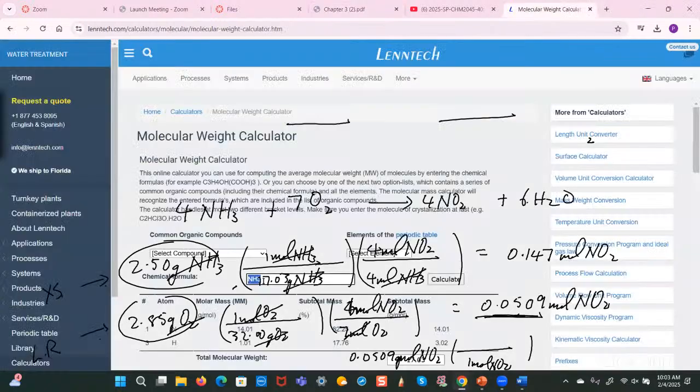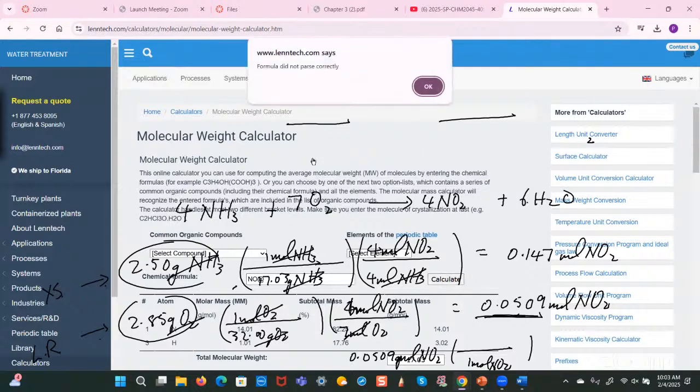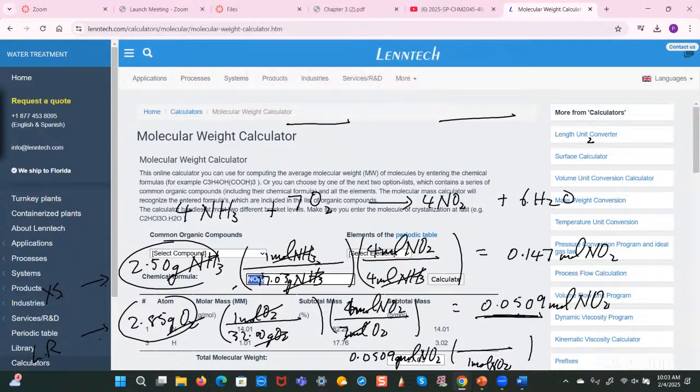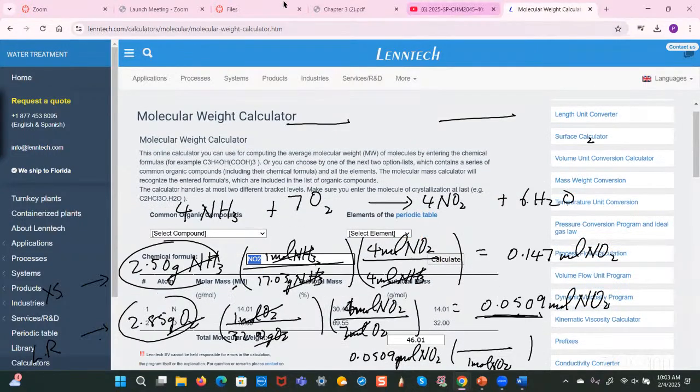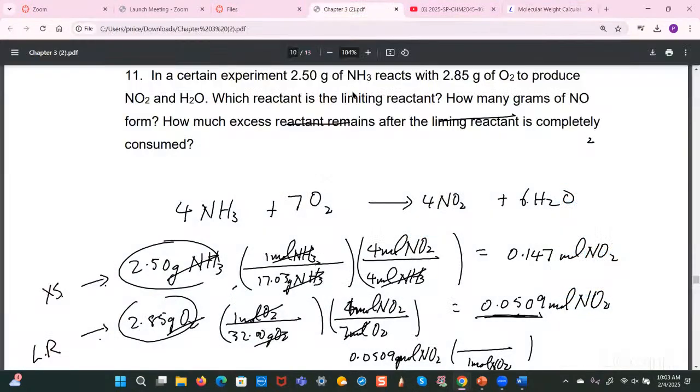Let me plug it in my trusty old calculator here. Oh, wait a minute, I did something wrong here. 46 grams. 46.01, right, so that goes here: 46.01 grams of NO2.